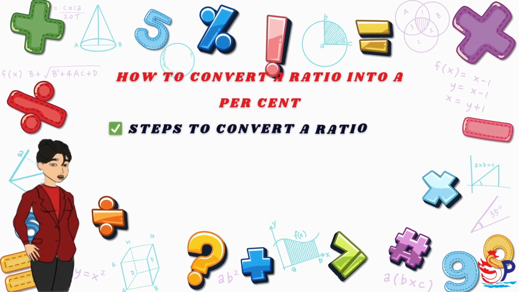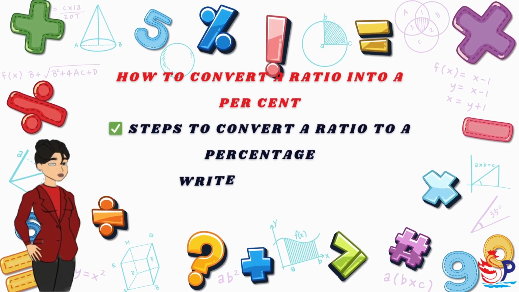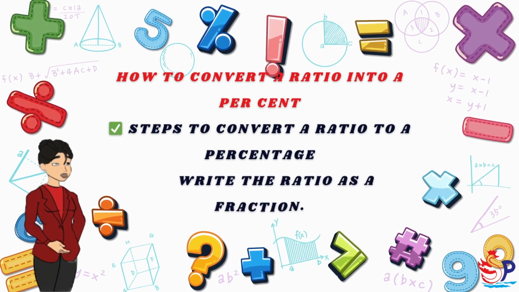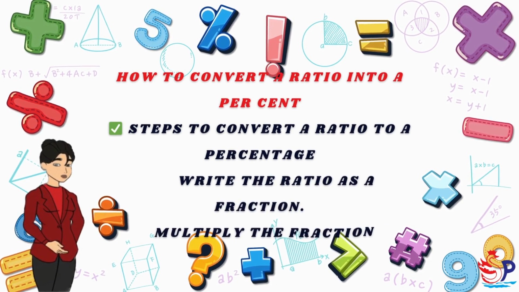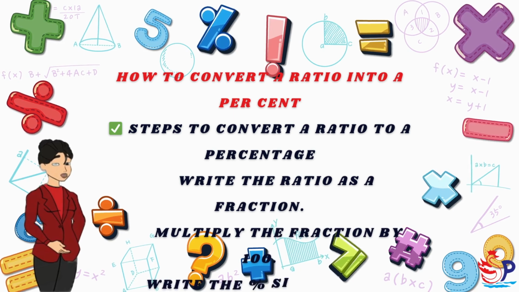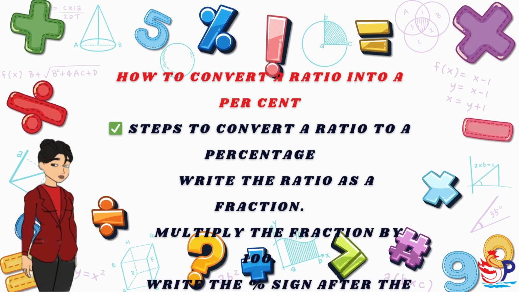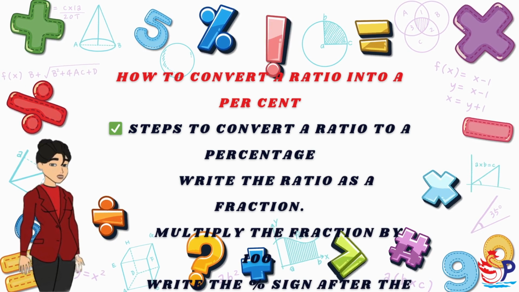How to convert a ratio into a percentage? Steps to convert a ratio to a percentage. Write the ratio as a fraction. Multiply the fraction by 100. Write the percent sign after the answer.